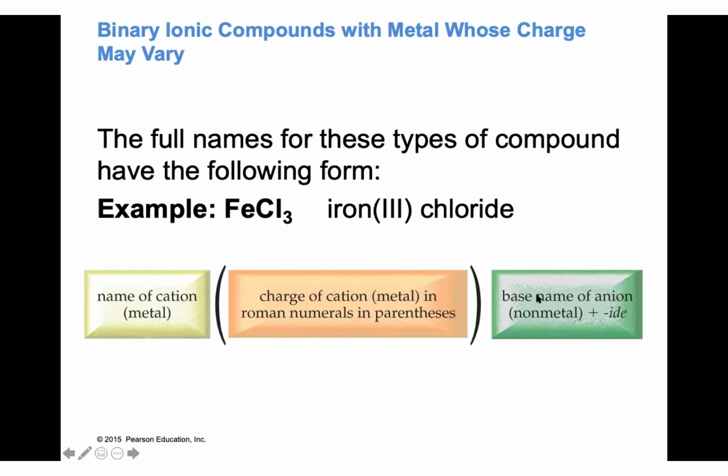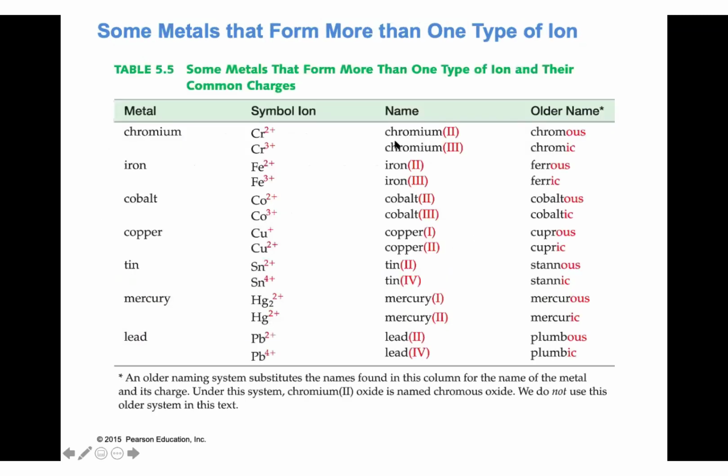Then the name of the anion plus -ide: iron(III) chloride. These are the elements that have more than one type of charge, and this is how they write the charge in Roman numeral. So this is chromium 2 plus, they put the 2 in front. So these are the charges in Roman numeral.